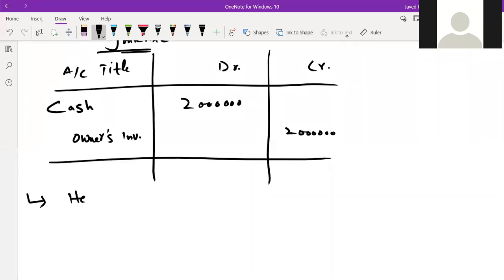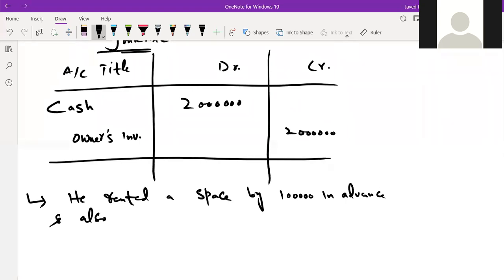Assume he rented a space by paying 100,000 in advance and also paid 6 months rent at the rate of 25,000.